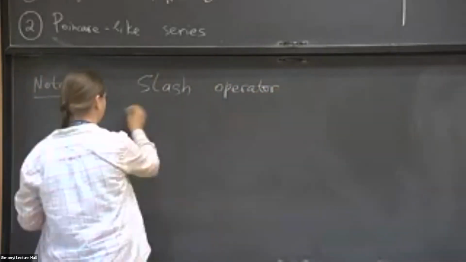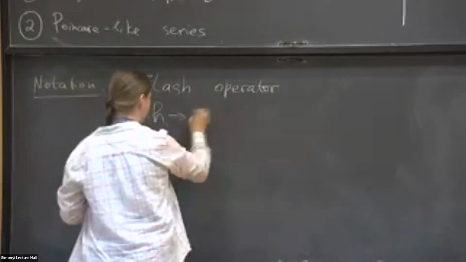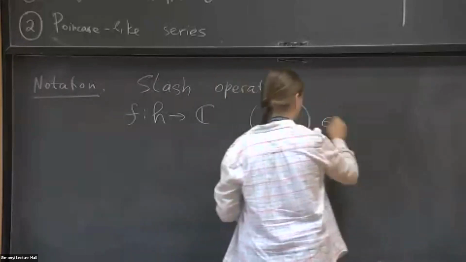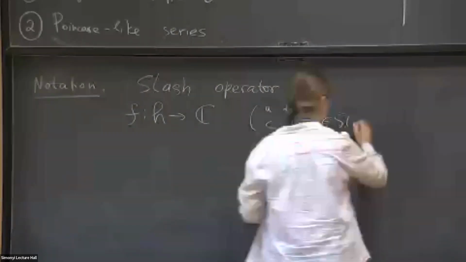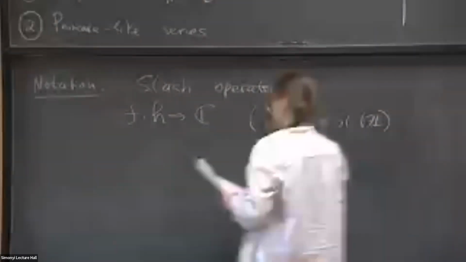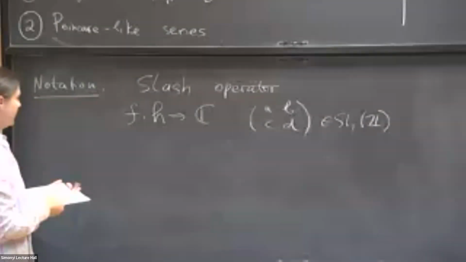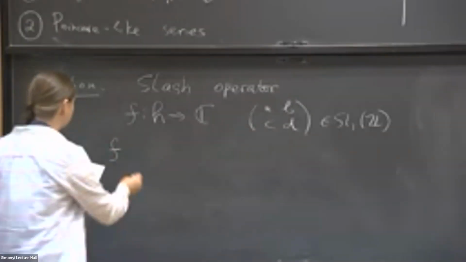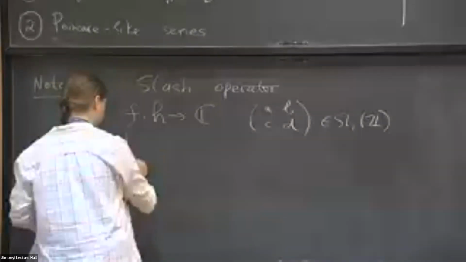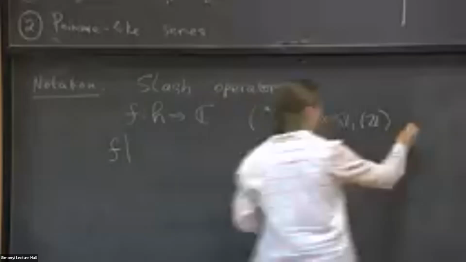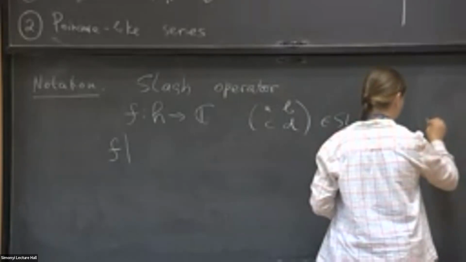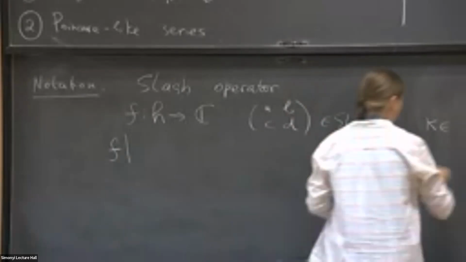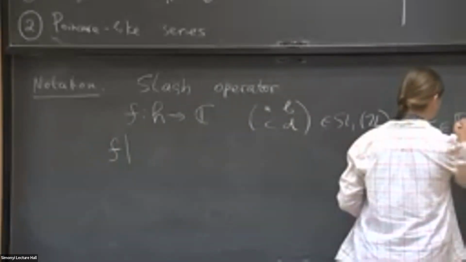So we have f, which is a function on the upper half plane, and we have a matrix in SL2(Z). Then we can define the slash operator. For us, k probably can be a real number.